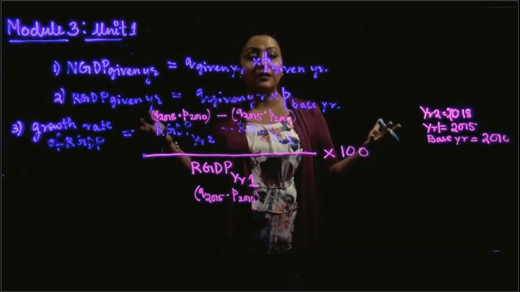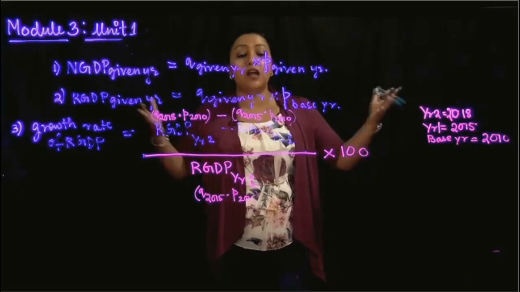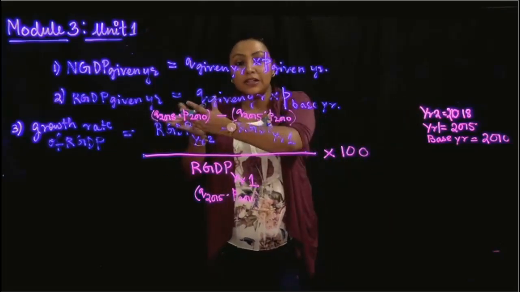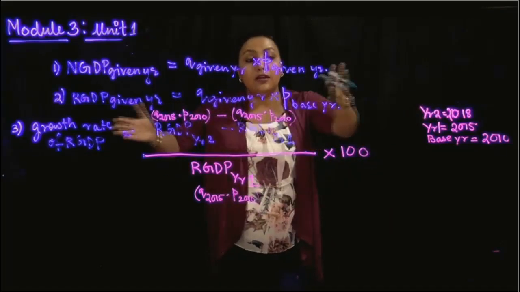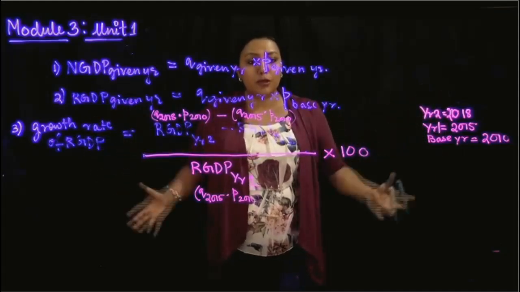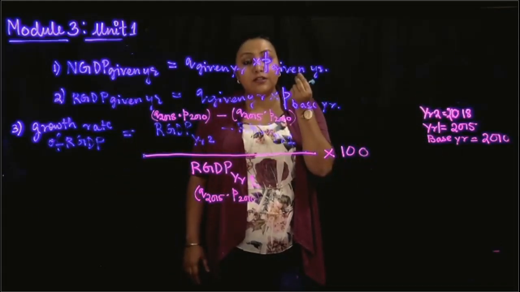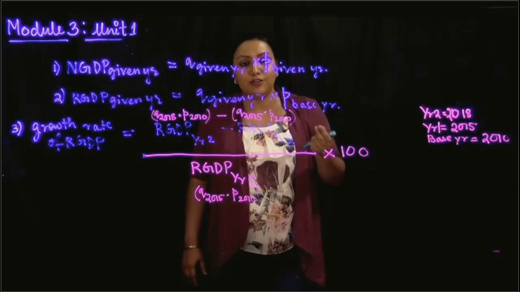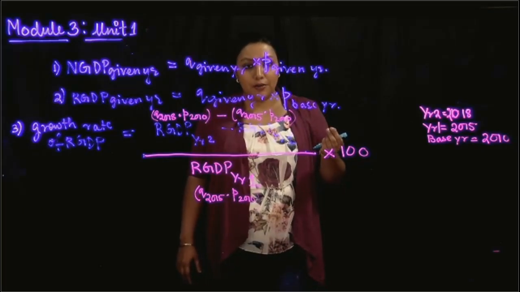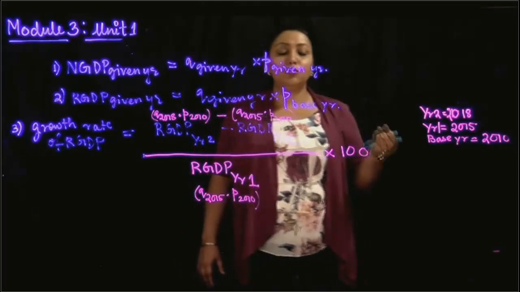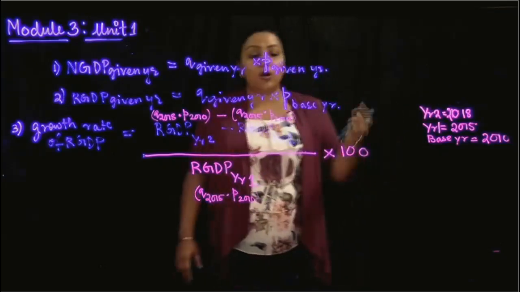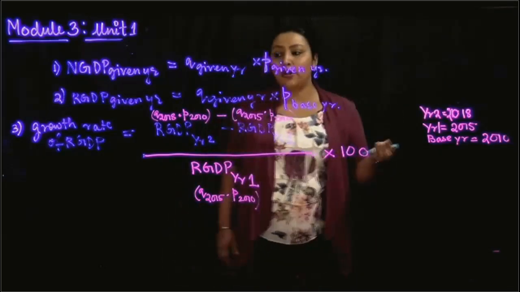Because if a country has a large population, then that real GDP is getting distributed between a lot of people. So every individual, every citizen is getting a smaller share of the real GDP of the country. So it is also important to factor in population in order to understand the macroeconomic health of the country.